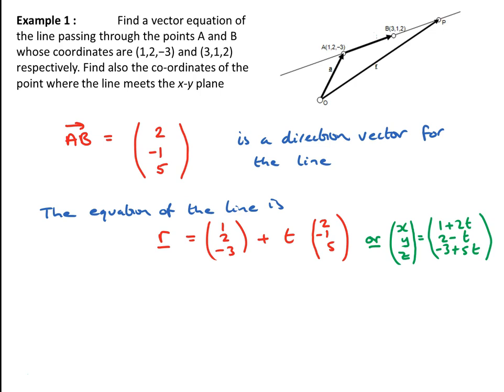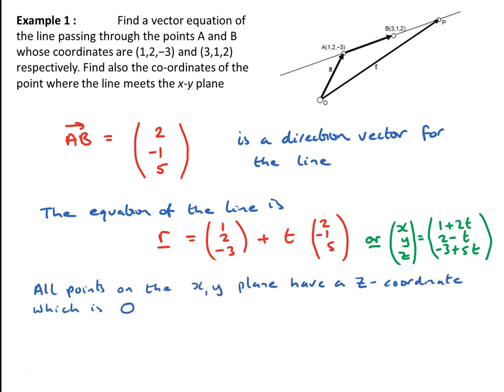Now the xy plane is the plane of points which have a z coordinate of 0. If the z coordinate of our point on the line is 0, then we know that -3 + 5t must equal 0. In other words, t must be 3/5.